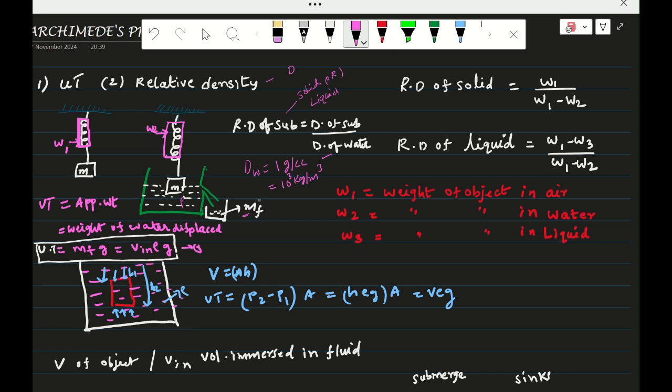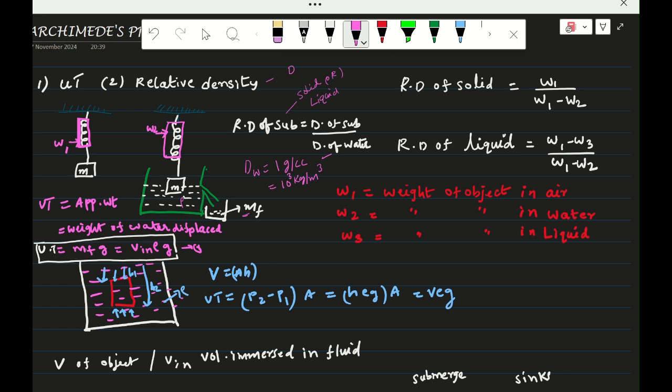The weight of the liquid displaced is equal to the apparent weight of the body, that is equal to upthrust. So your upthrust is equal to apparent weight, that is the weight of the body in liquid, which is equal to weight of the water displaced.